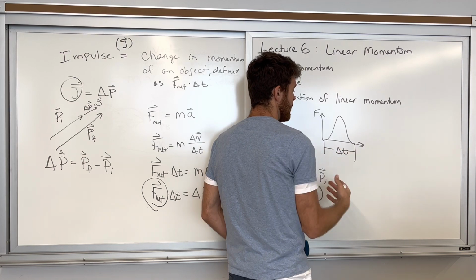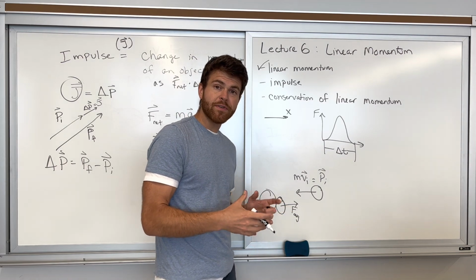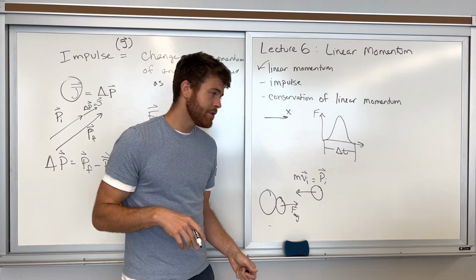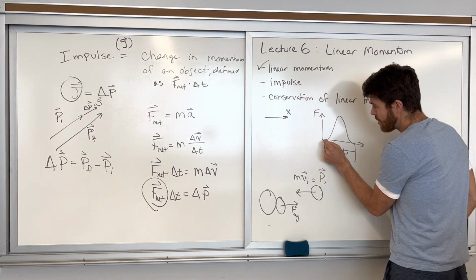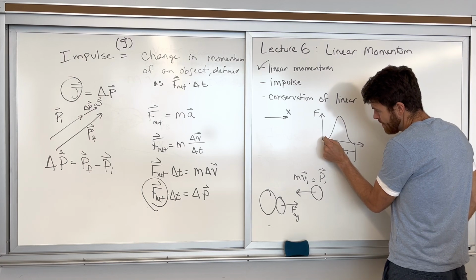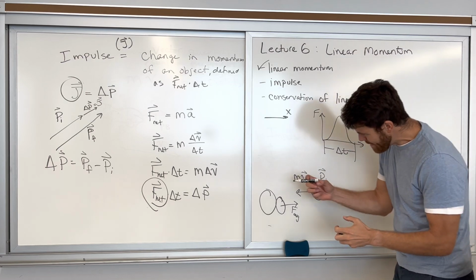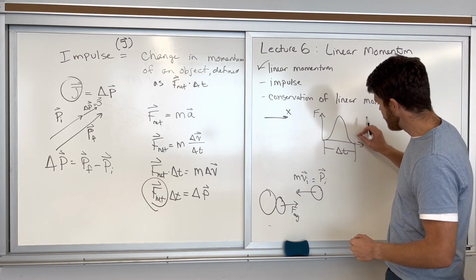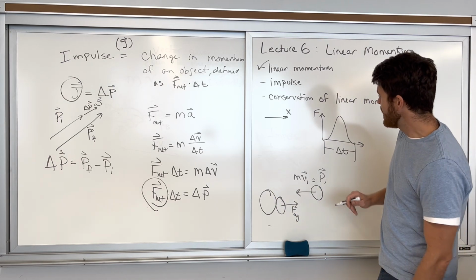This is the time interval in which the force is exerted on the baseball. So this is the time interval in which the bat and the baseball are in contact with each other. So as the baseball begins to come in contact with the bat, the force becomes non-zero and it increases. It's at a maximum at the midpoint, and then the force begins to decrease until the baseball and the bat are no longer in contact. Right? So that's how the force behaves.